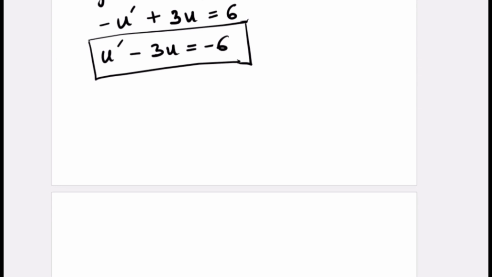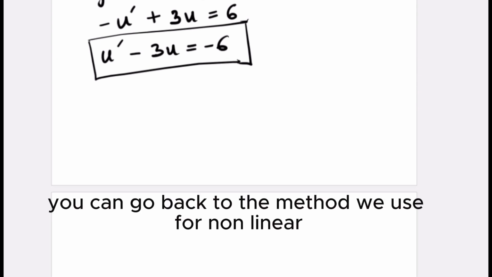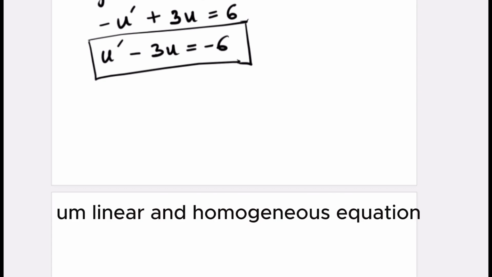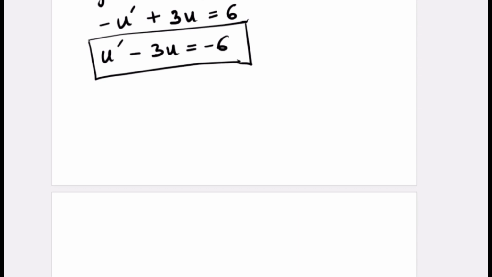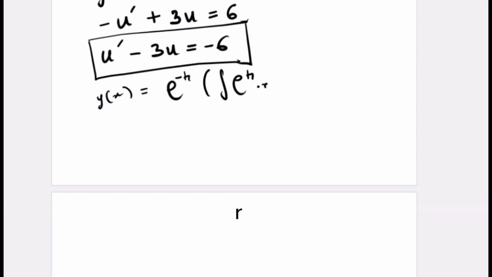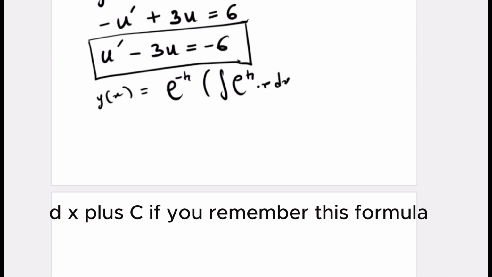And from here, you can go back to the method we use for a linear and homogeneous equation. If you remember this formula, let me write it again. This particular formula, they say y(x) equals e raised to power minus h, integral of e raised to power h times r dx plus c.